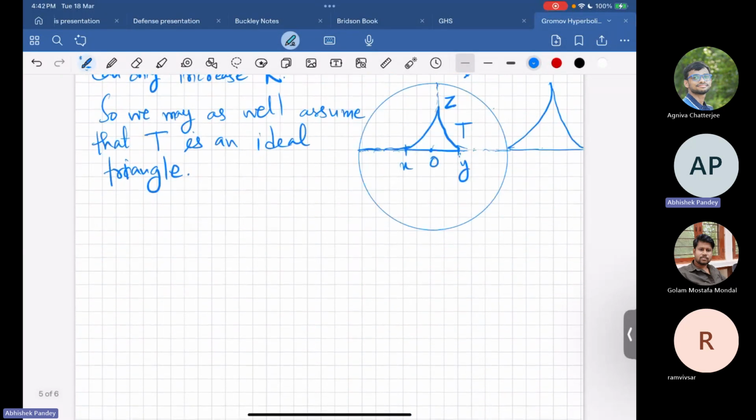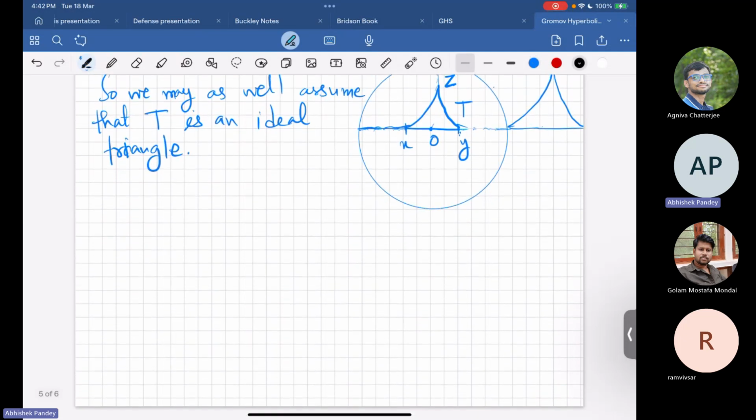Now here we have one result which I have to mention.